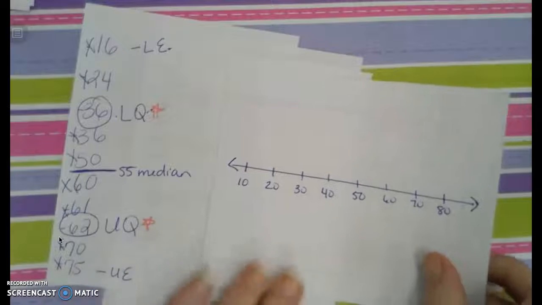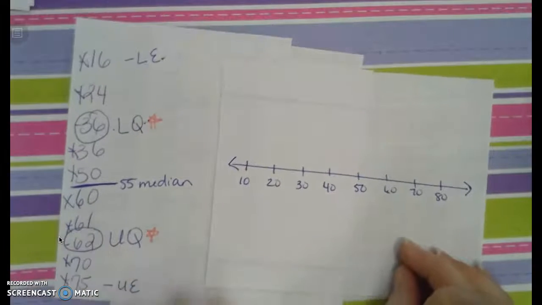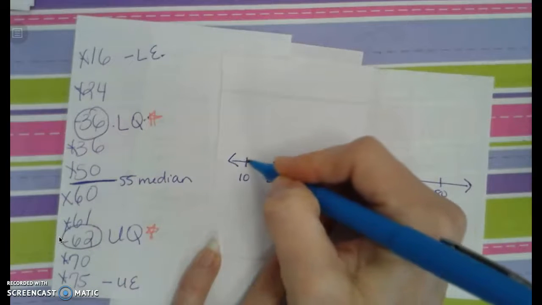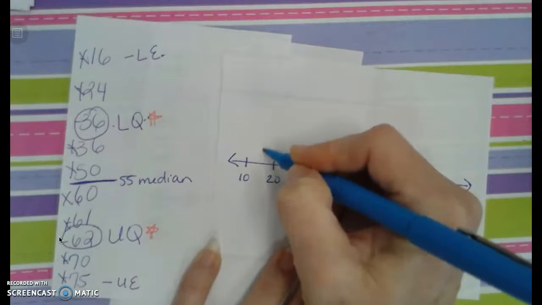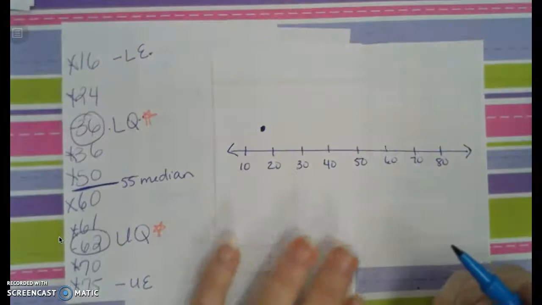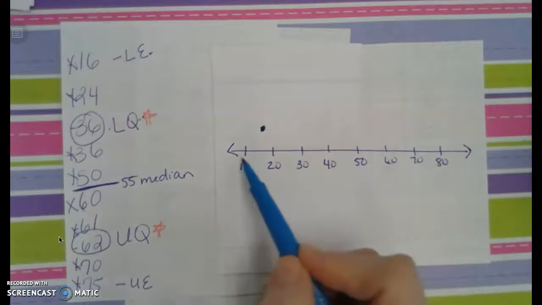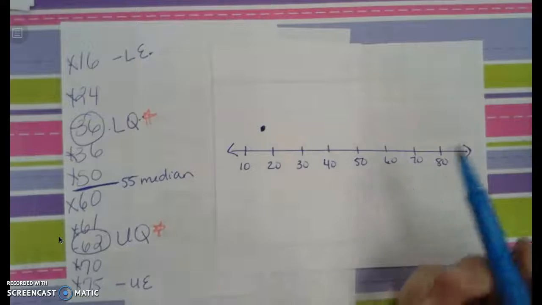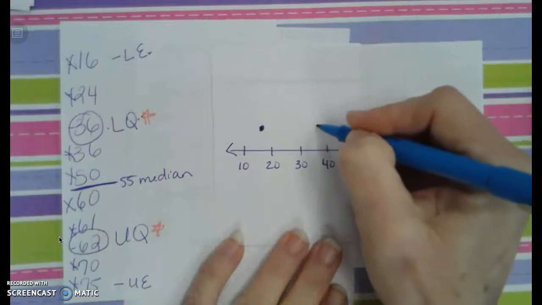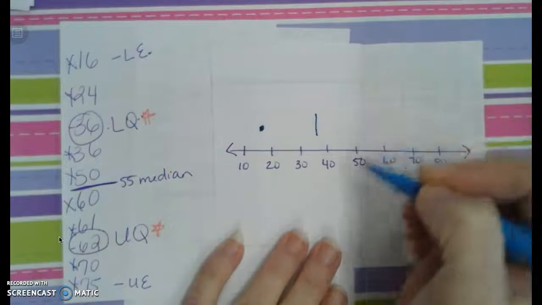Okay, so here's the next one that we did. So we've got to find our lower extreme, which is our dot. So we've got to have a dot on 16. Well, here's 10. In the middle should be 15. So I'm going to say roughly right in here should be 16. It's not going to be exact because I've got some space in there. Then I need to go to 36. Well, 36, in between 30 and 40 is where we're going to find 36. So we're going to put a line here.